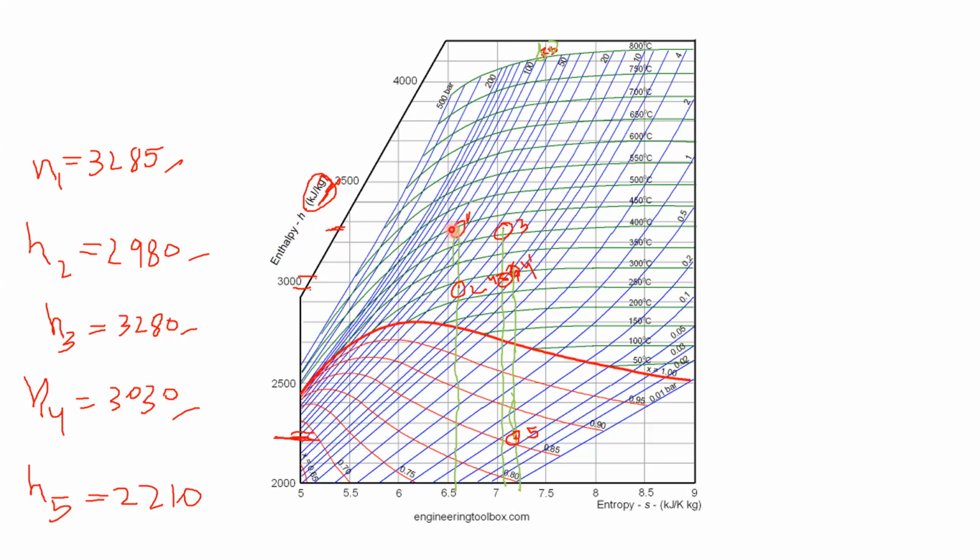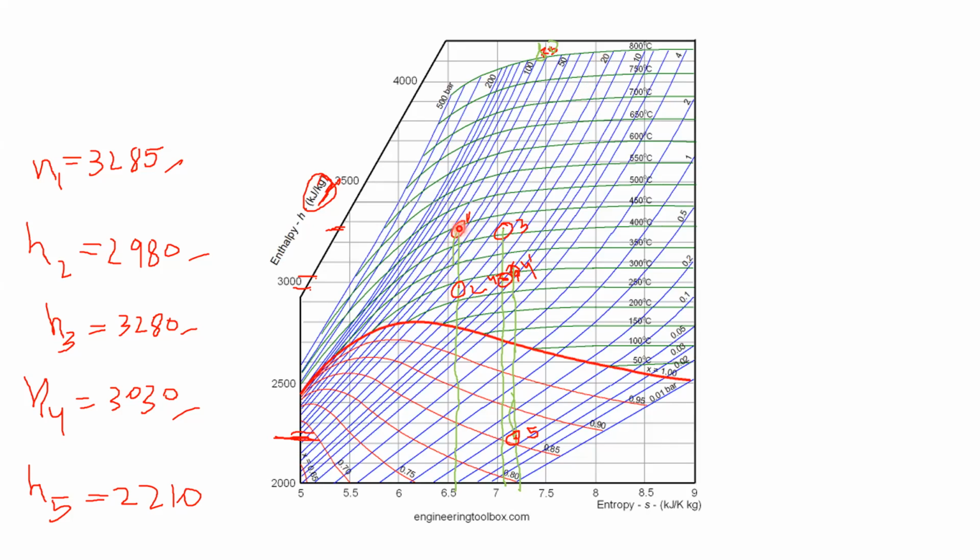Then I'm extending from this point, drawing a line in the vertical manner that gives the isentropic expansion line.